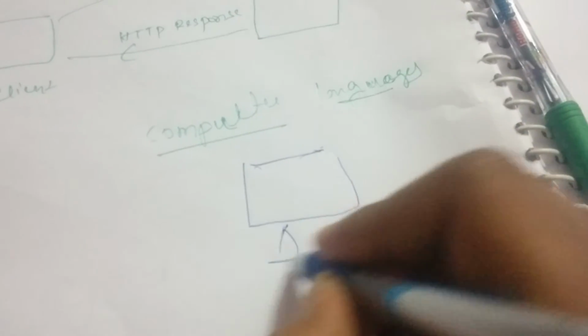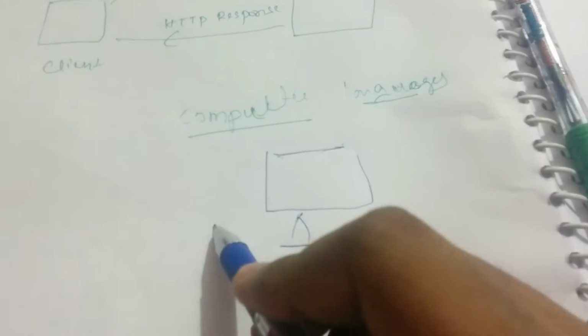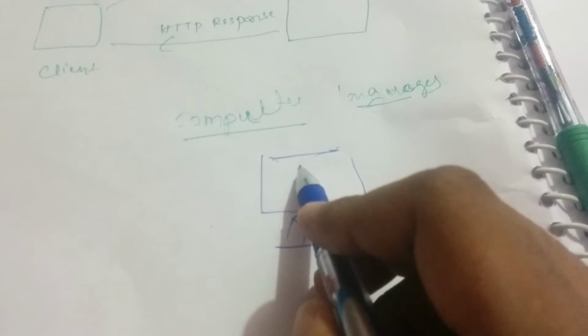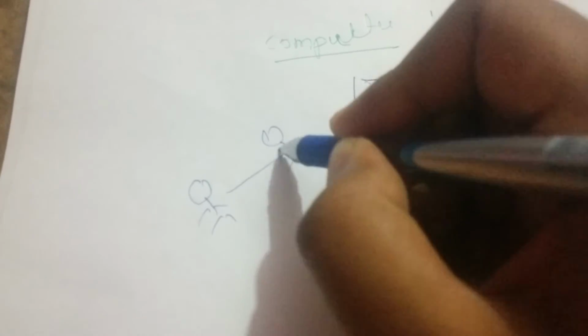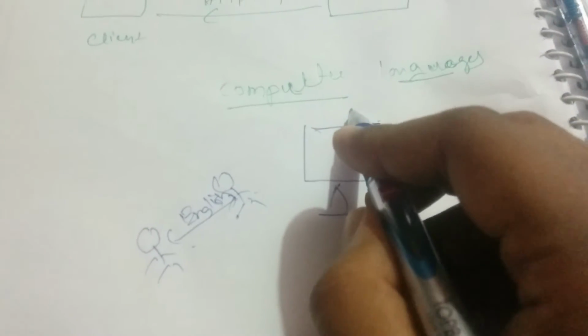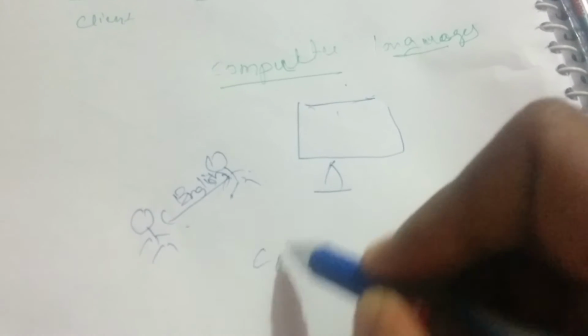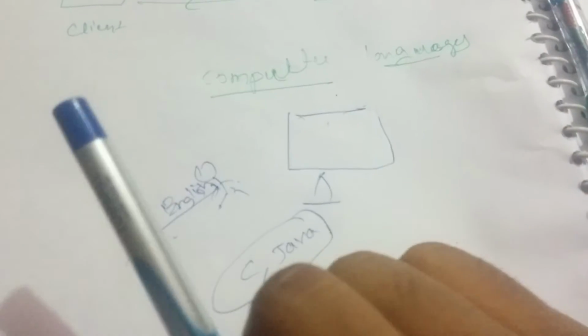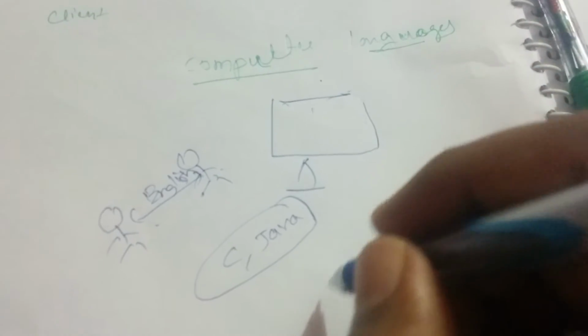A computer takes instructions. Let's suppose you want to communicate with one person. You both know a common language, English. You can communicate with each other using this language. So if you want to communicate with a computer, you need a language, something like C or Java. Depending on the purpose, we use these languages. So just remember this: a computer language is a language that is used to communicate with the computer.